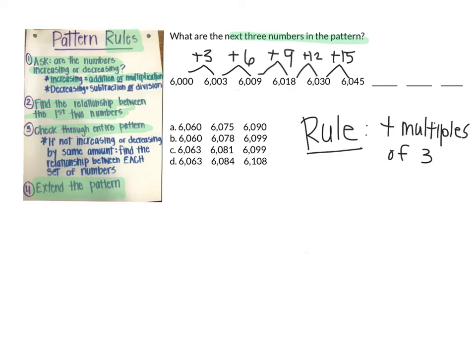So just like we never added the same number twice in our pattern, we're not going to do that for extending the pattern either. So before we add anything, we have to figure out what we need to add. So we stopped at 15, so we need to find the next 3 multiples of 3 by skip counting.